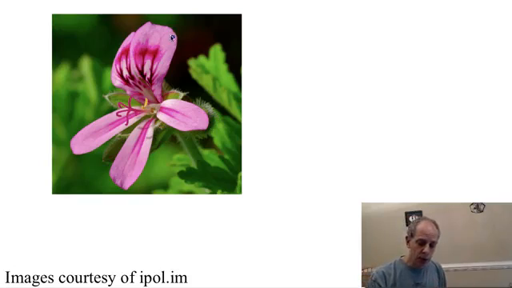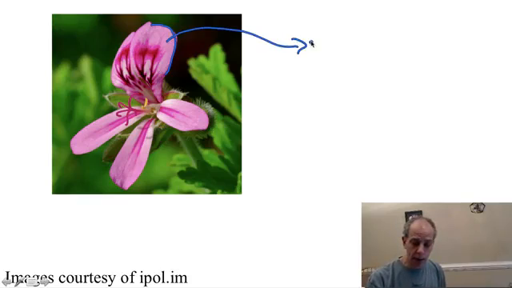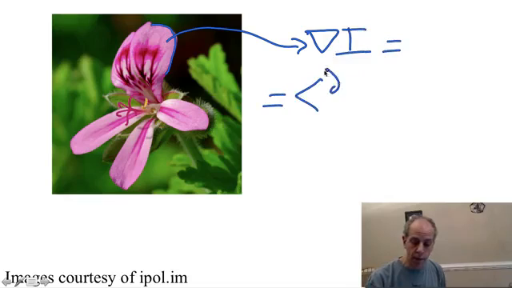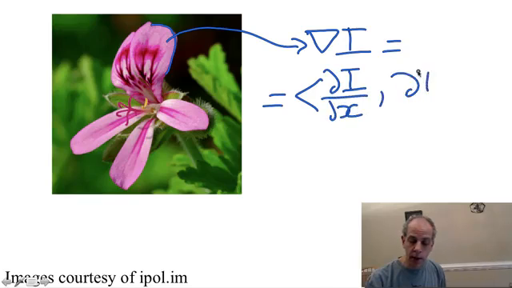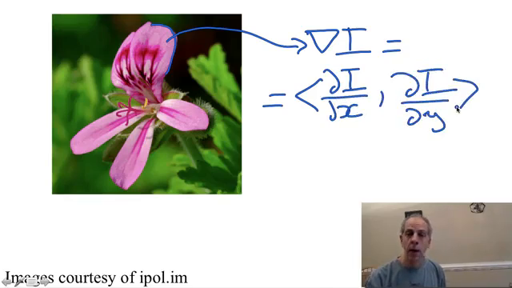There are certain regions like here where there is a very clear boundary. So we have discussed, for example, edges and gradients. Remember, the gradient that we represent in this form is nothing else than the vector of the derivative of the image in the x direction, derivative of the image in the y direction.